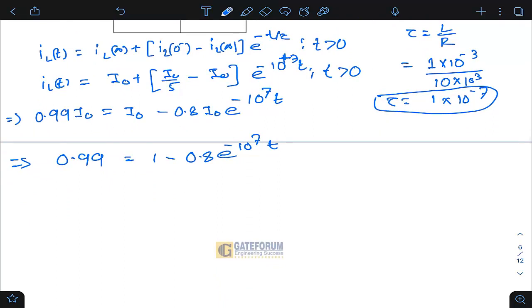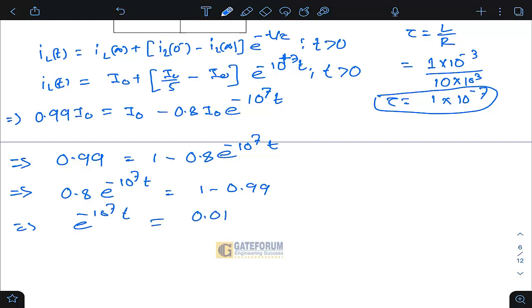Now we can easily simplify this for t. So how much do you get? 0.8 into e raised to power minus of 10 raised to power 7t is equal to 1 minus 0.99. So e raised to power minus of 10 raised to power 7t is equal to 0.01 divided by 0.8.